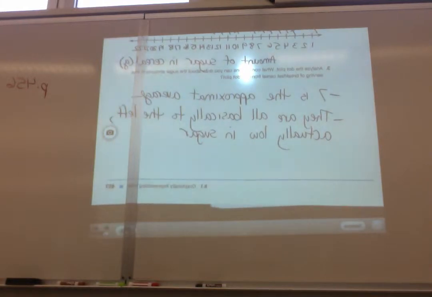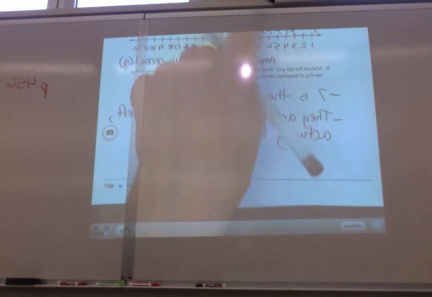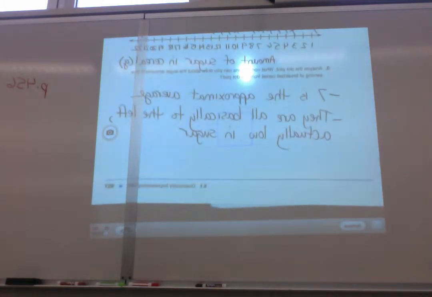It's another conclusion now that we have them lined up, looking at them in this format. A lot of them are to the left. 7 looks like the approximate average. Why did he say 7 was the approximate average?